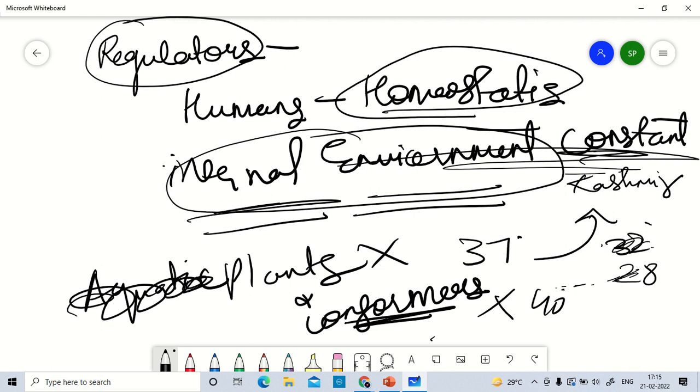It is particularly true for small animals. Why small animals? Because heat loss or heat gain is a function of surface area. Small animals have larger surface area relative to their volume. So if you see small animals, their area is more than their volume. For us, our surface area is not more than our volume. Our volume is much higher than our surface area. Whereas for small animals, it's opposite. Their surface area is larger when we compare it to their volume.